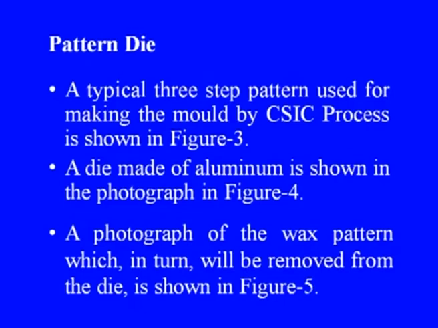A typical 3-step pattern used for making the mold by ceramic shell investment casting process is shown in figure 3. A die made of aluminum is shown in the photograph in figure 4. A photograph of the wax pattern which in turn will be removed from the die is also shown in figure 5.